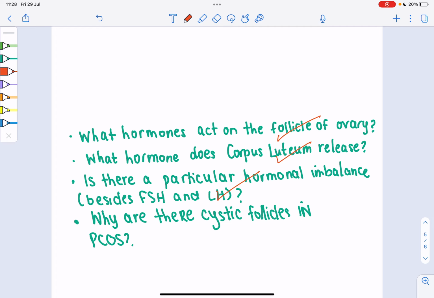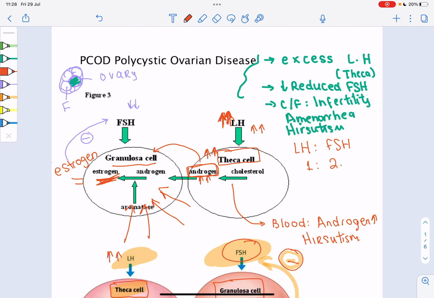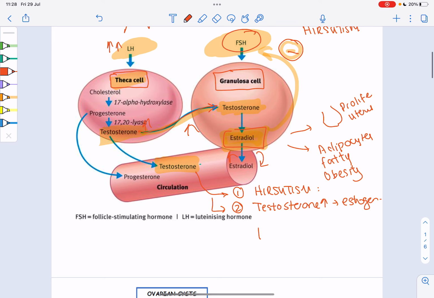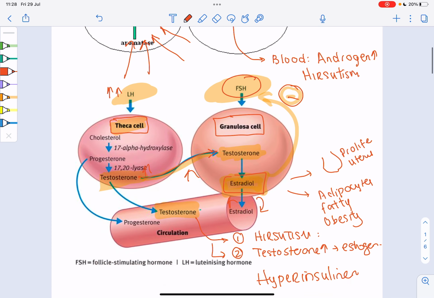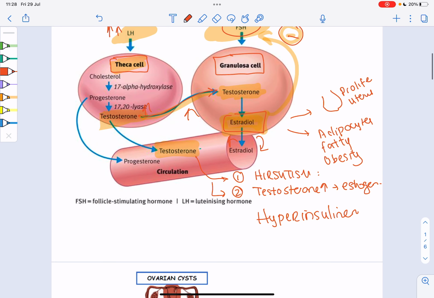Okay, besides FSH and LH, you also can get hyperinsulinemia in these patients because they are often obese. With hyperinsulinemia, they develop resistance to insulin, which will eventually put them into type 2 diabetes.